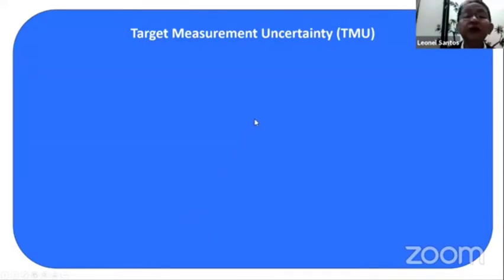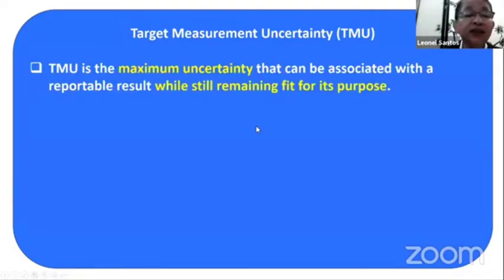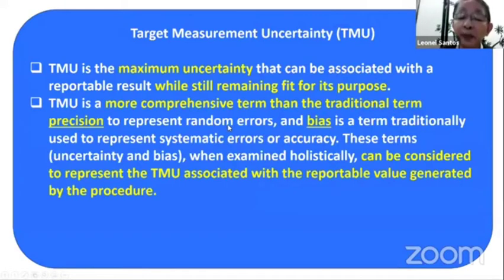We go into the target measurement uncertainty terminology. TMU is the maximum uncertainty that can be associated with a reportable result while still remaining fit for purpose. So TMU is a comprehensive term versus the traditional term for just the precision, which is representing random errors, and the bias, which is more on the accuracy.